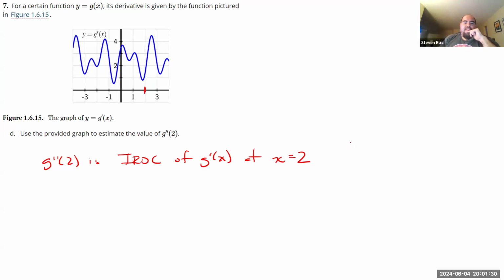How do I find the instantaneous rate of change of G prime of X at X equals 2? Well, I have a graph of G prime. The instantaneous rate of change is represented on the graph through the slope of a tangent line. So let me try to make a tangent line at this location.